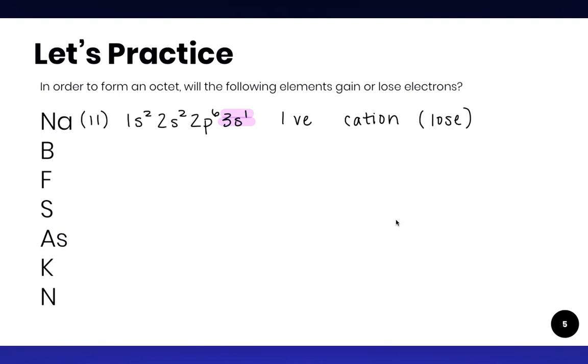Next up is boron with 5. The highest energy level that's occupied is level 2. So this element has 3 valence electrons. 3 is less than 4, so boron will also form a cation.